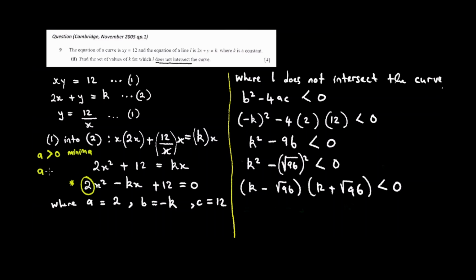When a is less than 0 we have a maximum turning point. When a is equal to 0 we have what is called a point of inflation, POI, just shortened again, point of inflation.